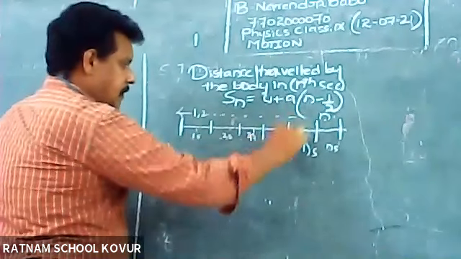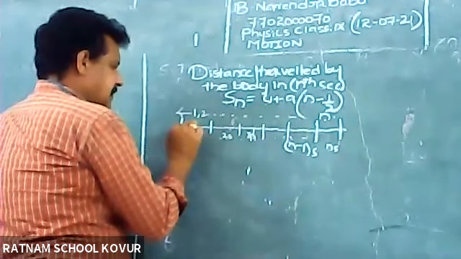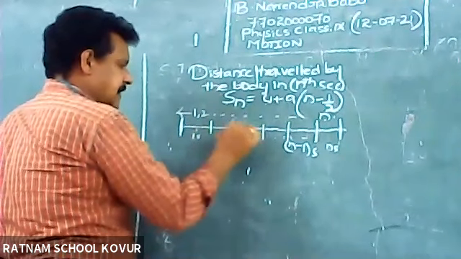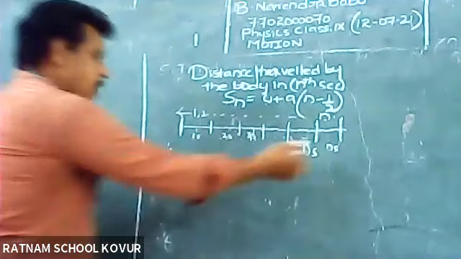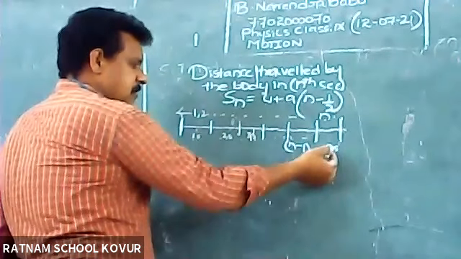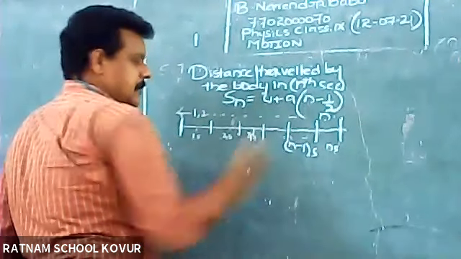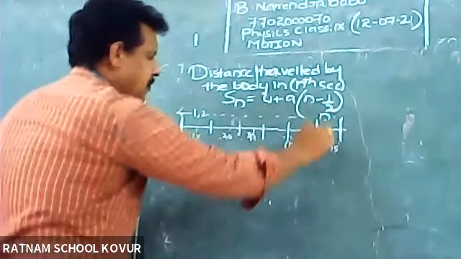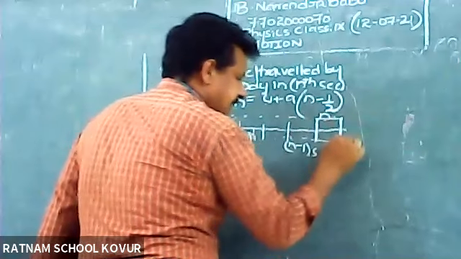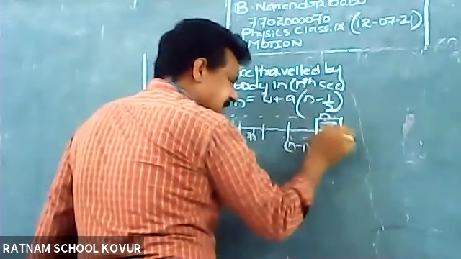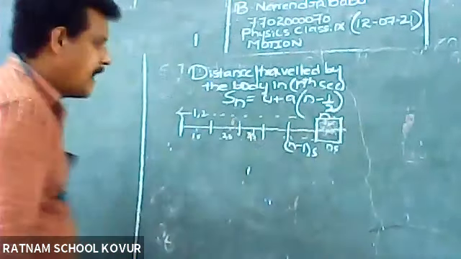The distance traveled by the body is for 1 second, 2 seconds, 3 seconds, up to n seconds. Before n seconds, subtract 1, n minus 1 second. Now I want to calculate the distance covered in this particular second, the nth second only. How can I?